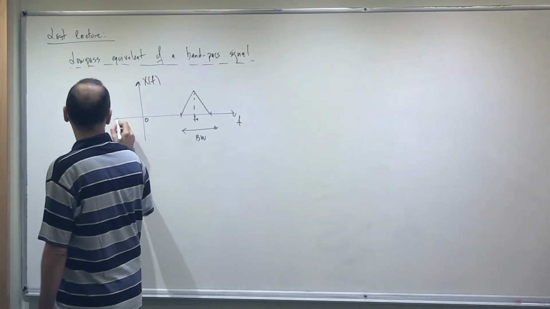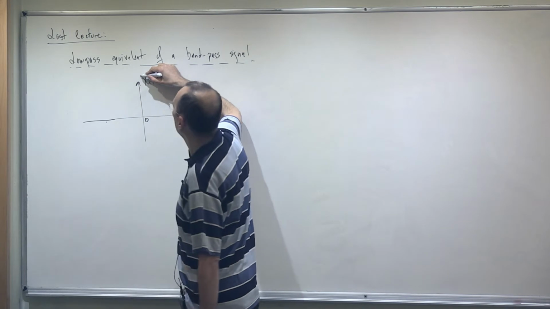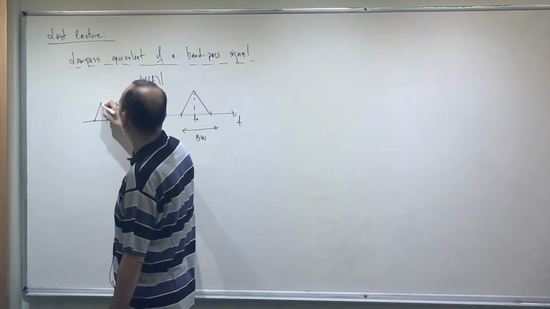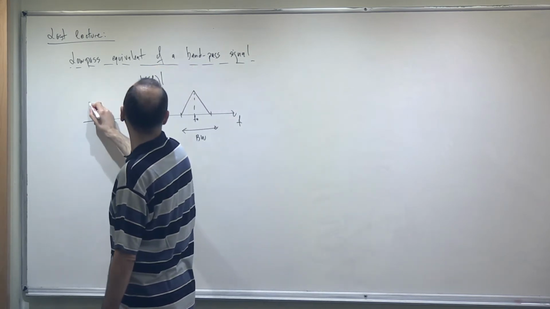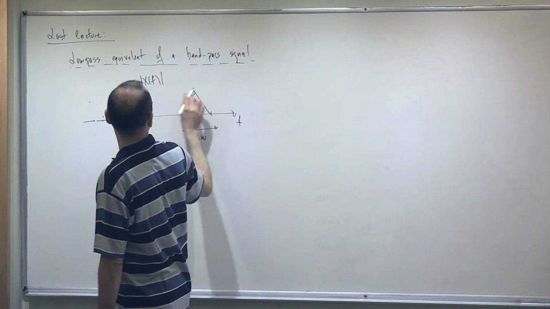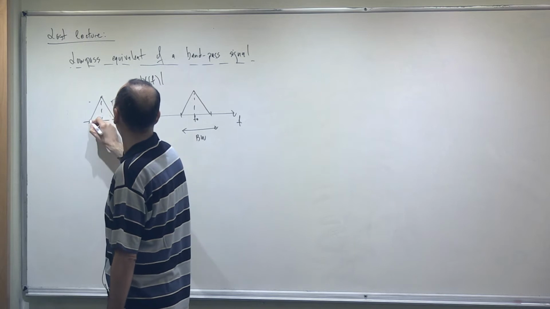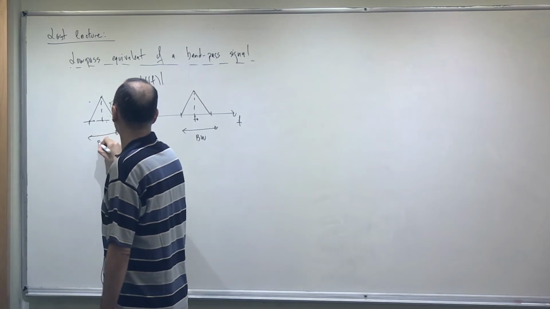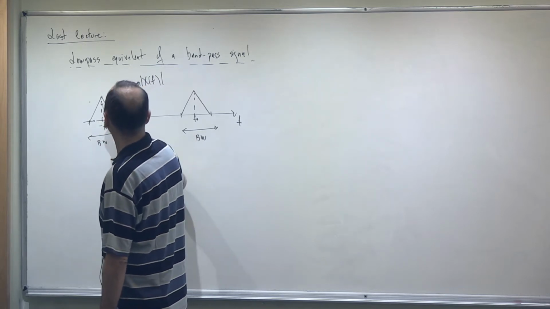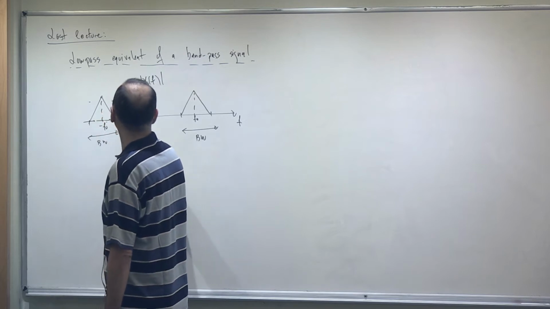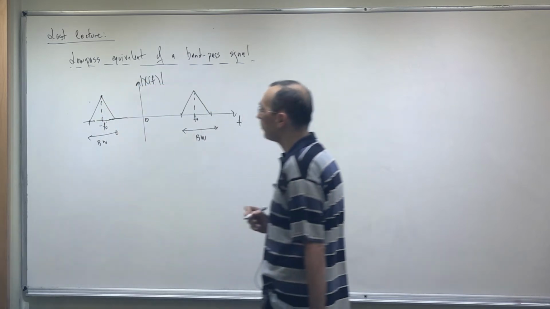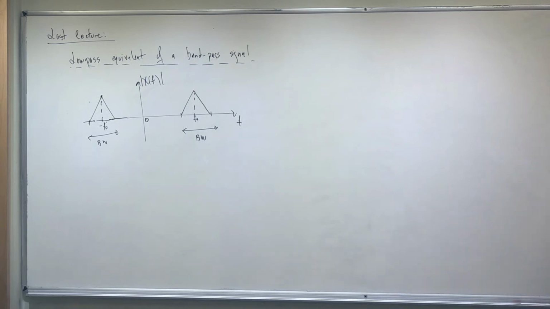Okay. So since this is real valued, and since this is the magnitude spectrum, we are expecting an even function for the magnitude response or the magnitude spectrum of the signal.